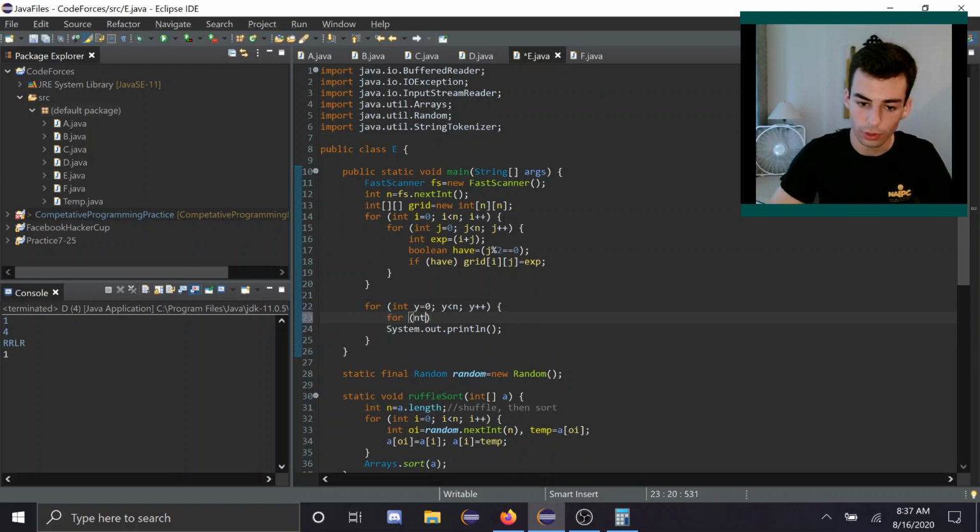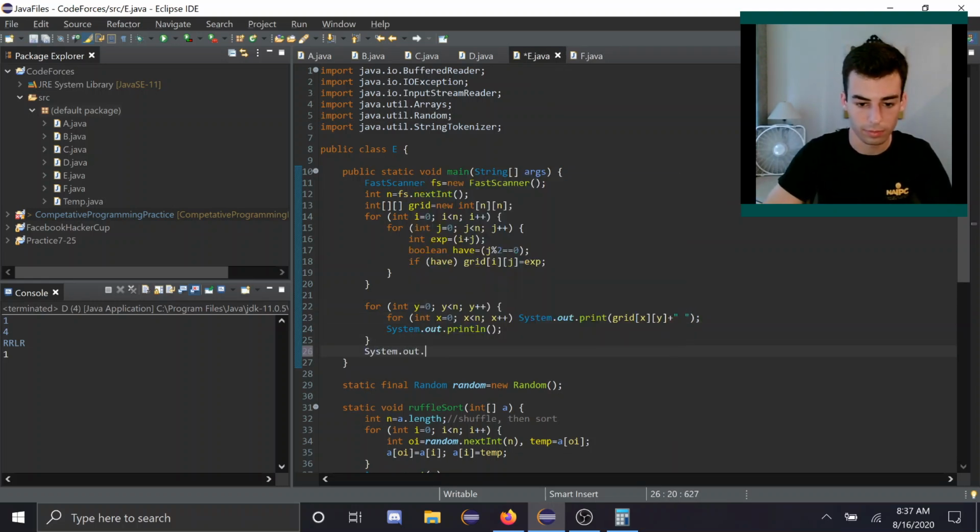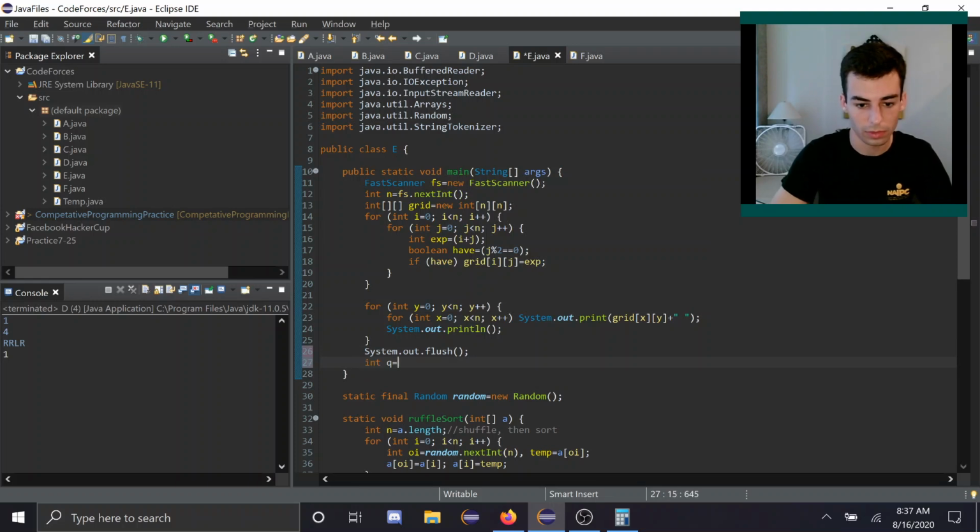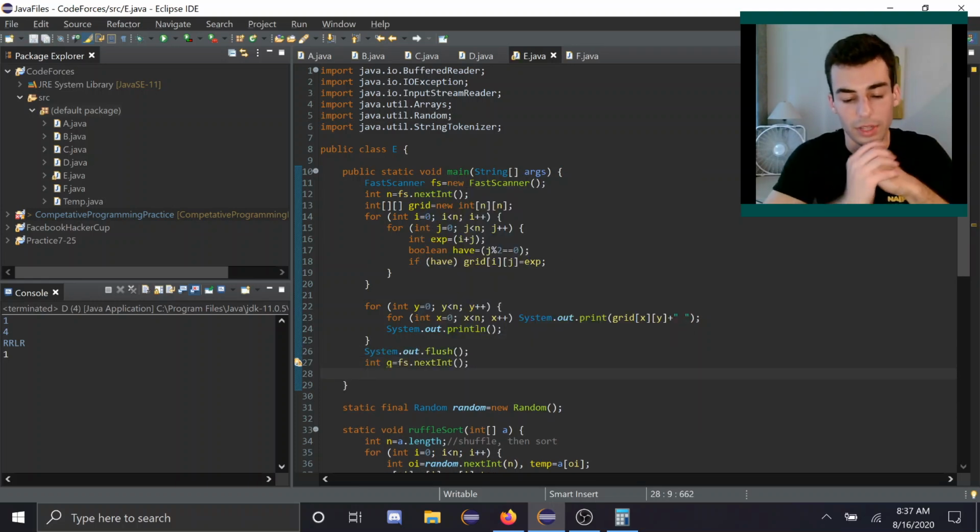Alright, and then for x 0, x less than n, x plus, sys out grid x, y, plus space. We get the number of queries.